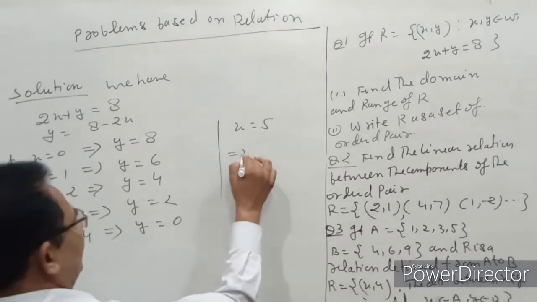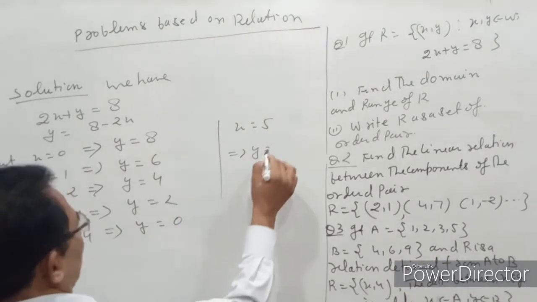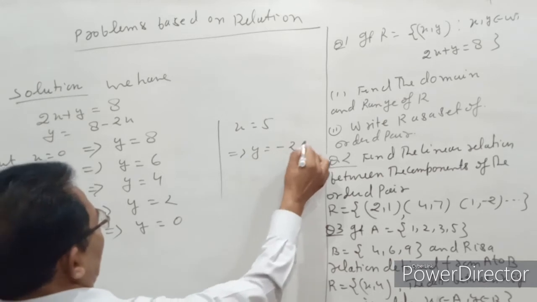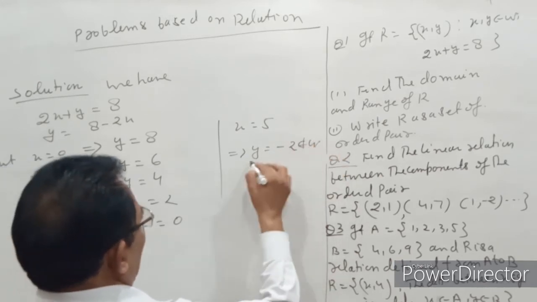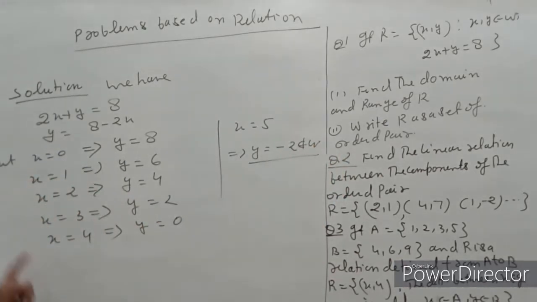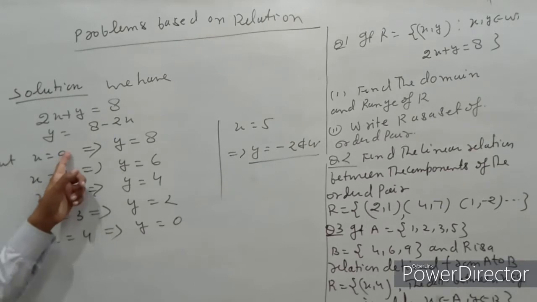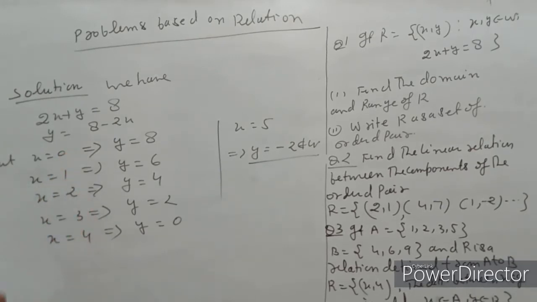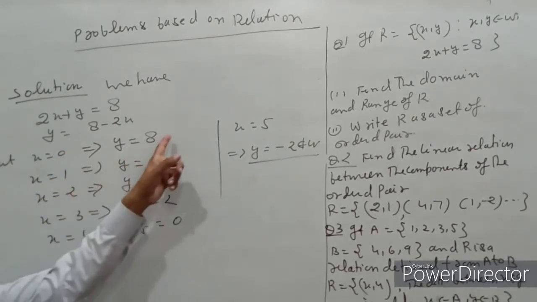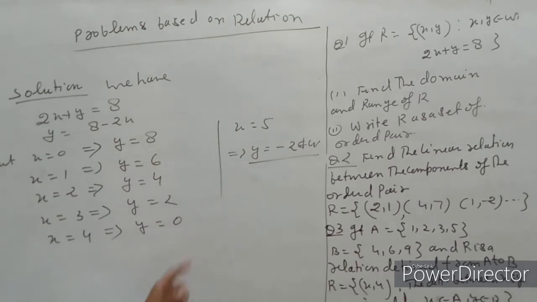then y is equal to -2, which does not belong to W. So therefore we give only the input values of x as 0, 1, 2, 3, 4. Then the corresponding values are those of y.